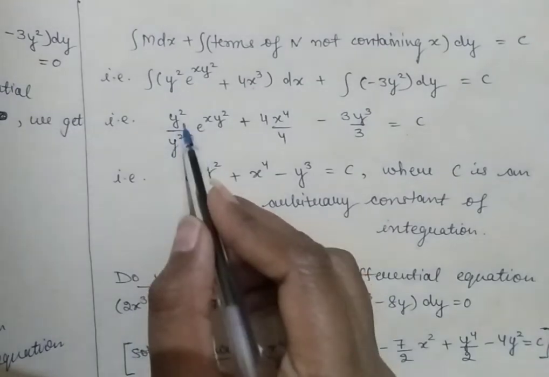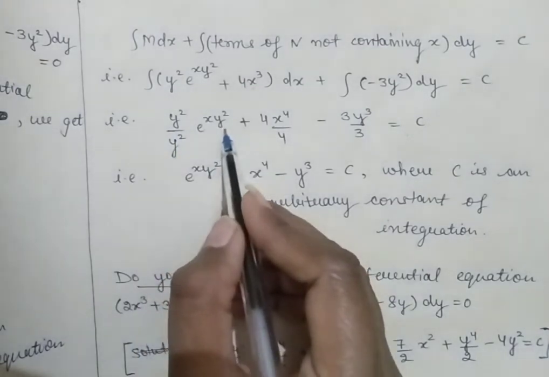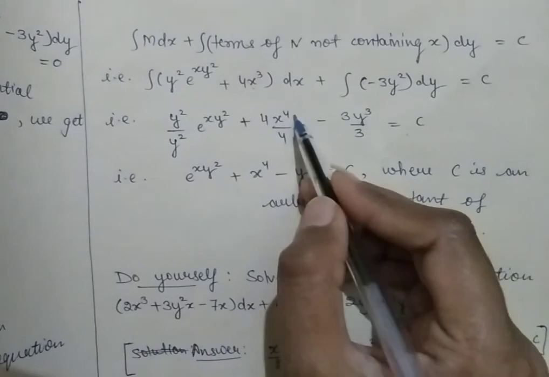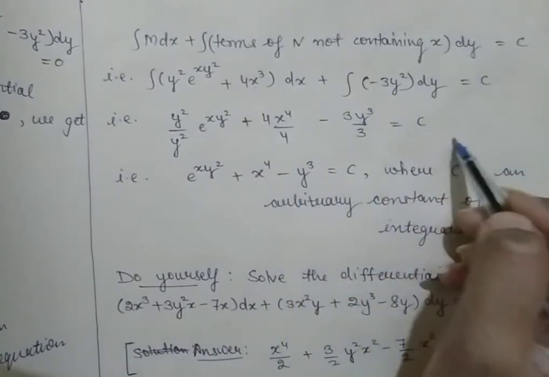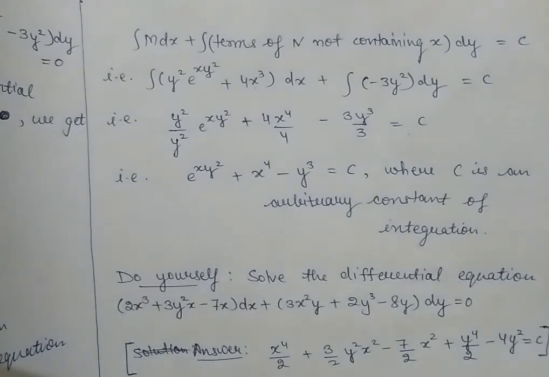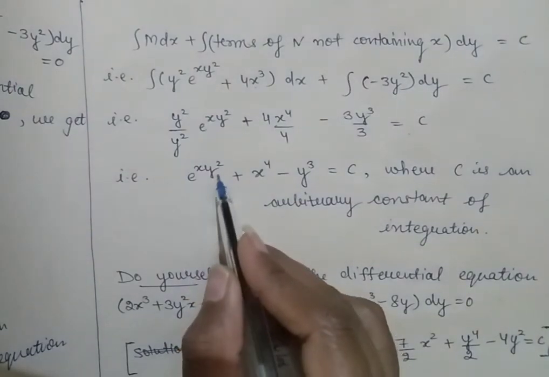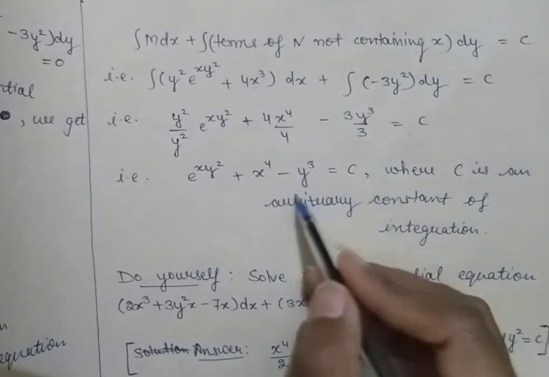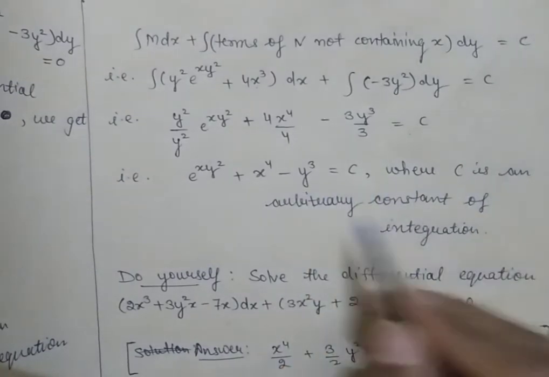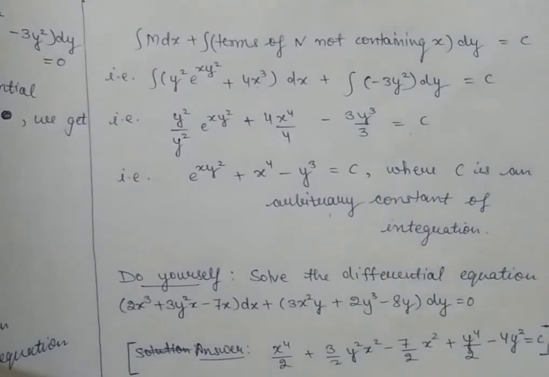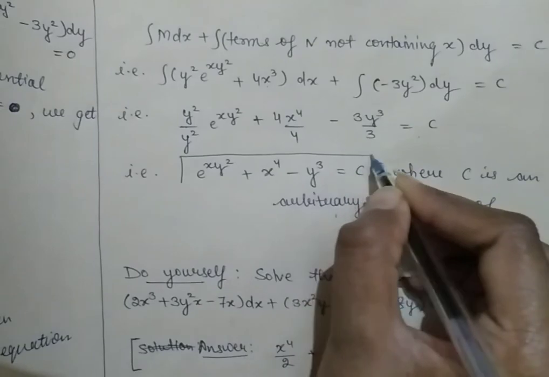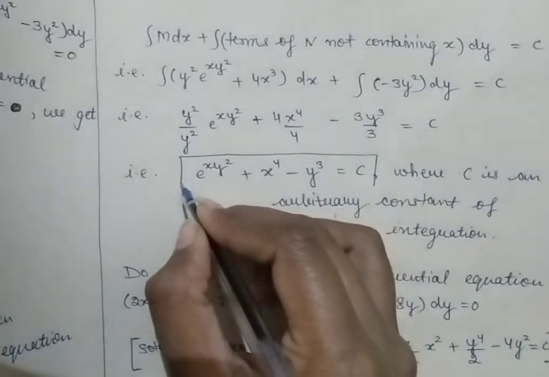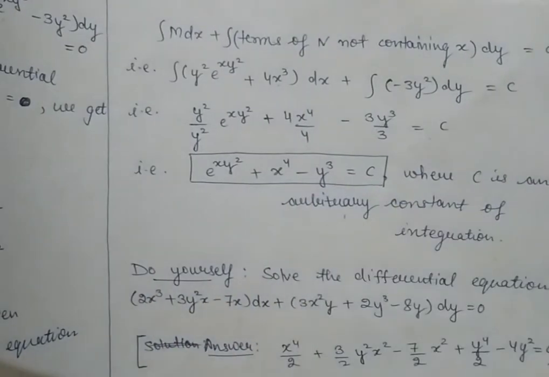So this is y square upon y square e raised to the power xy square plus x raised to the power 4 by 4 minus 3y cube by 3 equal to c. Or on simplifying, I get e raised to the power xy square plus x raised to the power 4 minus y cube equal to c, where c is an arbitrary constant of integration. So this is the general solution of our given differential equation.